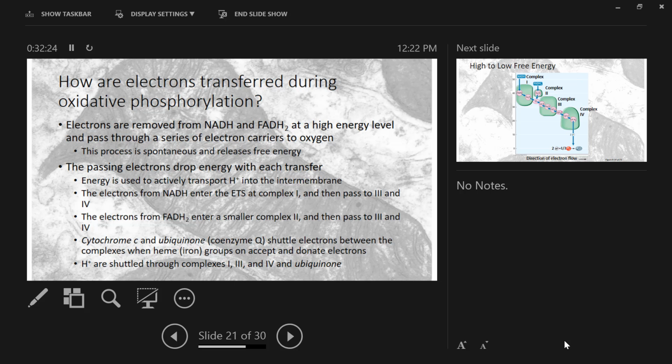Every electron from FADH2 is worth 3/4 of an ATP molecule. How many electrons do we have from FADH2? 4. 2 FADH2 molecules, right? One made every time we do the Krebs cycle. We do the Krebs cycle twice per glucose molecule.